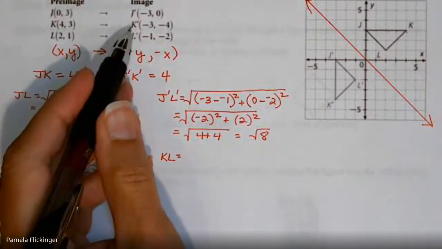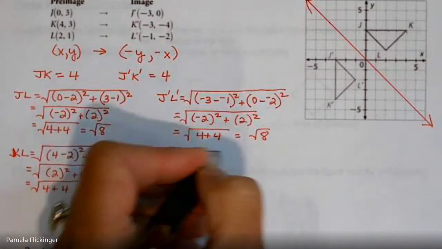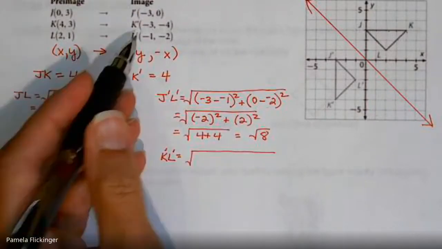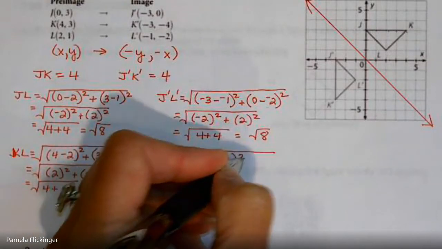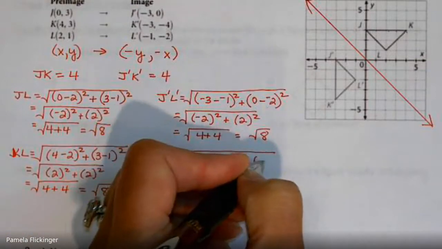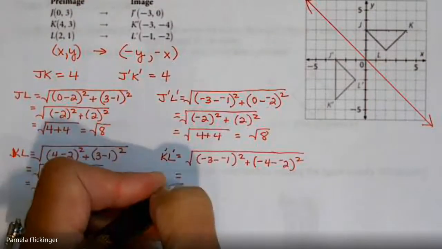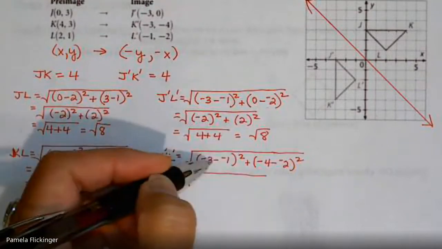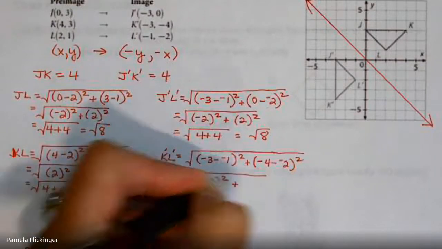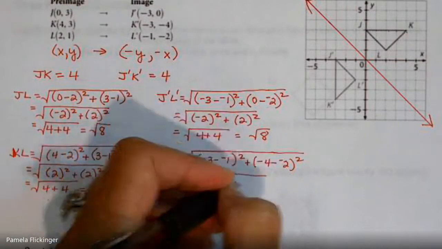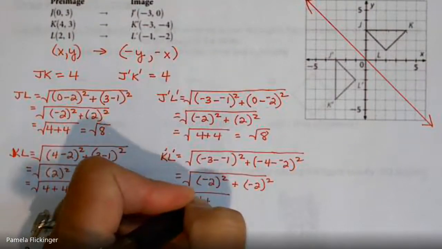And then K prime L prime, sorry, let's write the correct thing, is going to be the square root of negative 3 minus a negative 1 squared plus negative 4 minus a negative 2 squared. Again, those double negatives are really positive, so negative 3 plus 1 is negative 2 that we're squaring in the front. And back here, negative 4 plus 2 is another negative 2 squared. But they both turn positive 4.